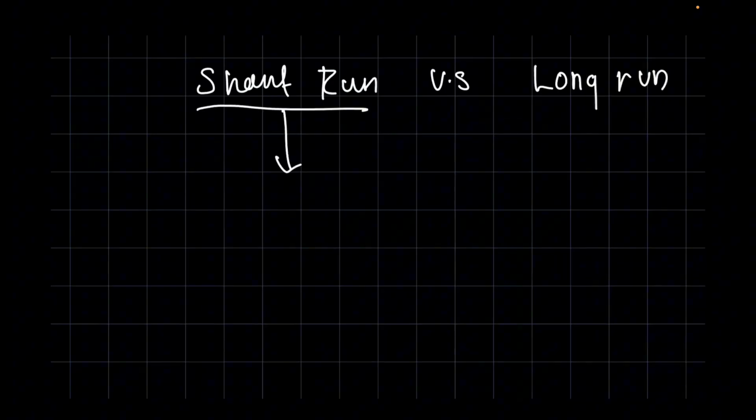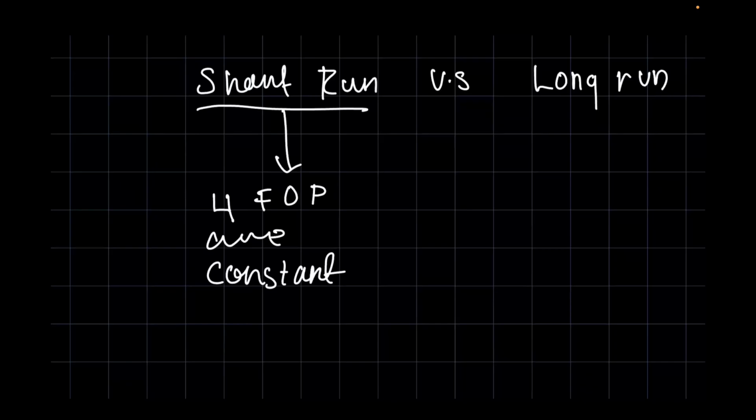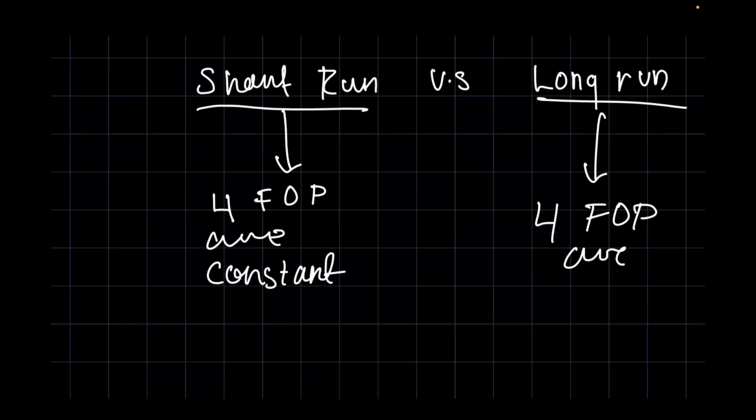In the short run, the four factors of production are constant, which means they cannot be increased, whereas in the long run, the four factors of production are variable, which means they can increase or decrease.